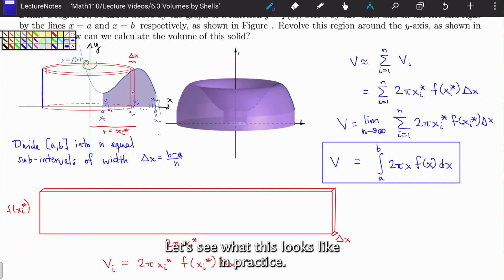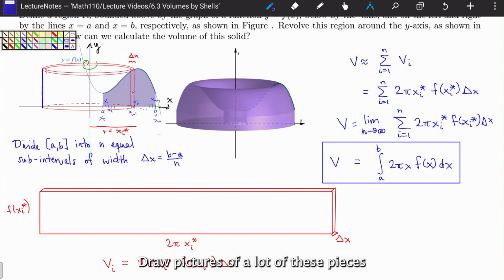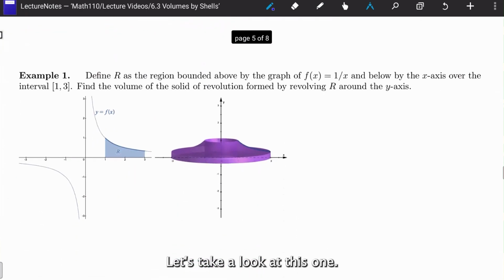All right, let's see what this looks like in practice. And I'm going to be very careful to draw pictures of a lot of these pieces in my images here. All right, let's take a look at this one.